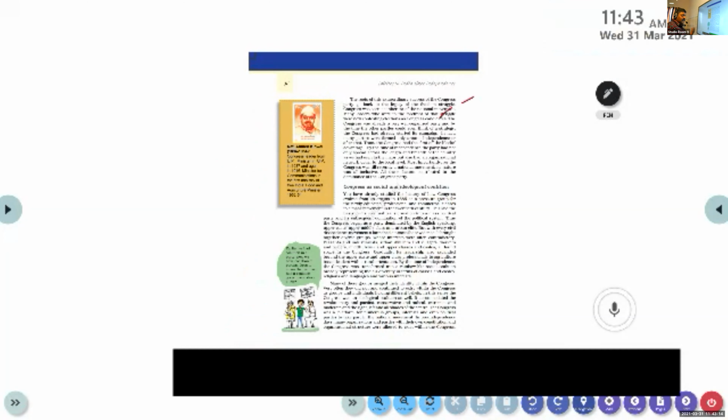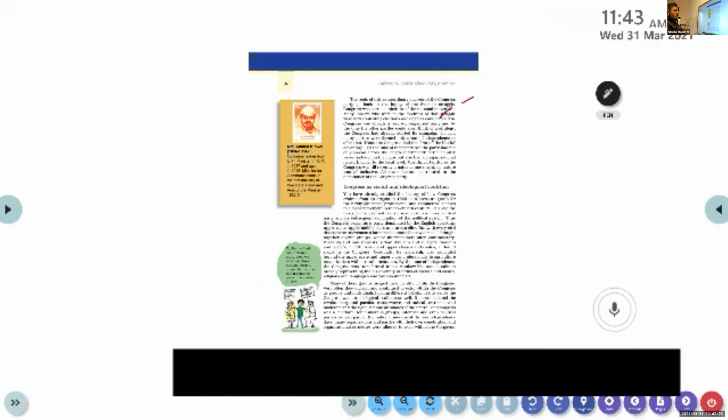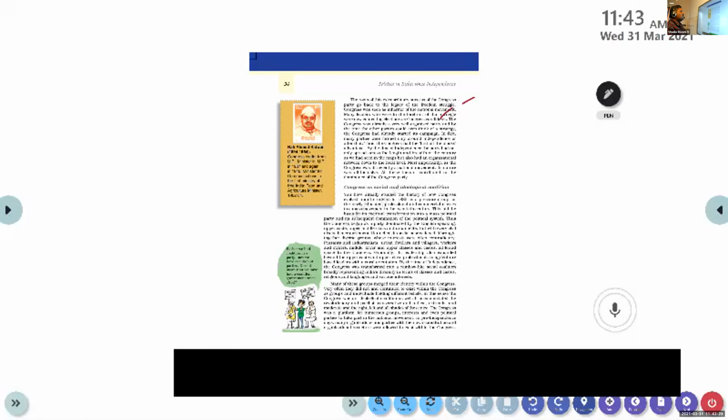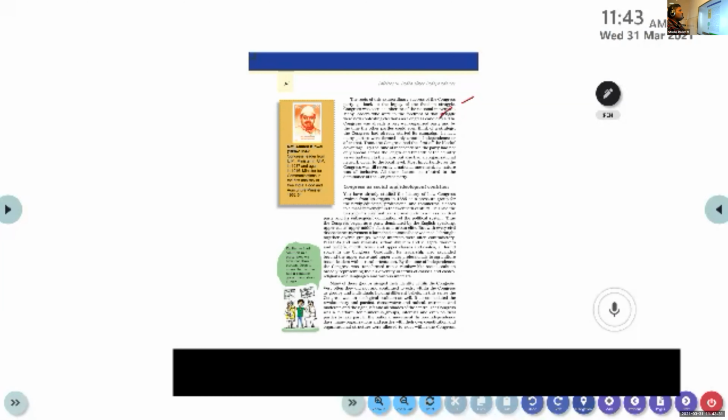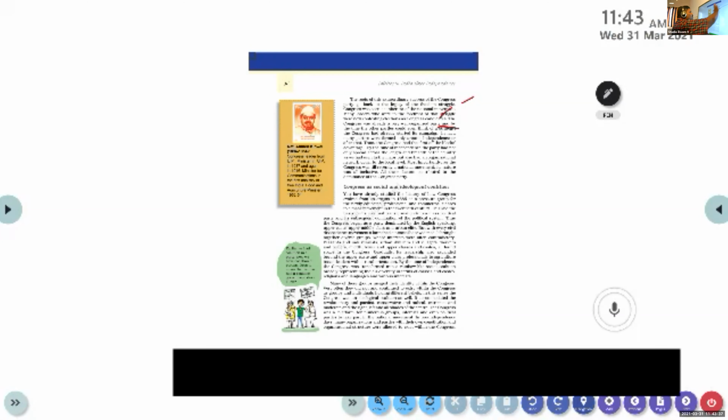The Congress was already a very well organized party, and by the time the other parties could even think about the strategy, other parties were unable to think about a program to participate in the election, but the Congress party was far ahead.